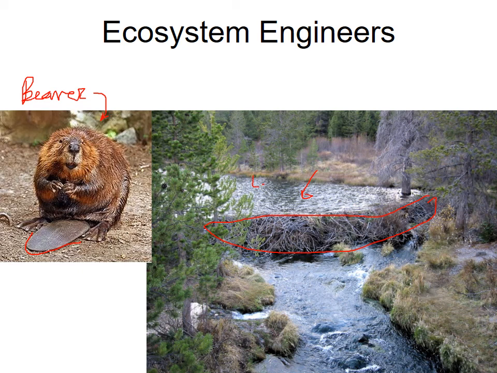Where it would have been a fast-flowing stream environment which would have supported different kinds of life, now that the beaver has created a lake, there could be different types of fish and plants and invertebrates in the lake than in the stream. So it's really modified its environment via its engineering of this dam.